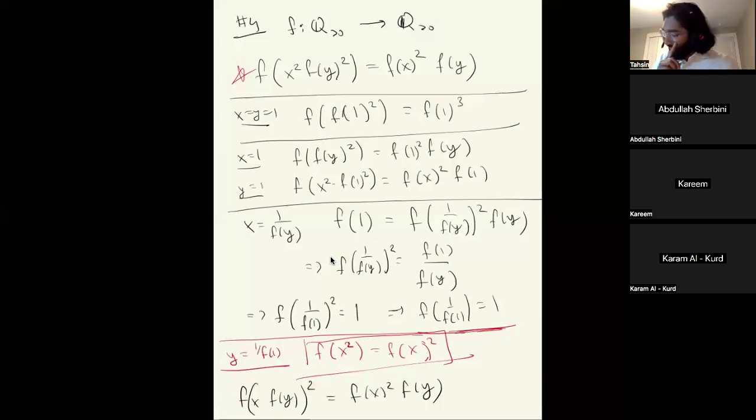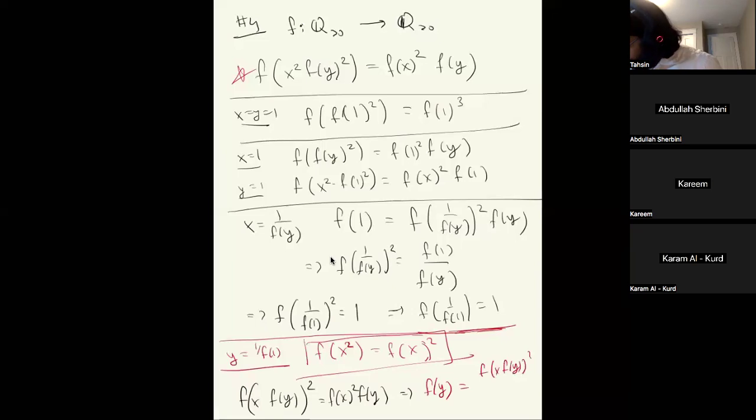So it's not immediately clear that this is useful, but at least it gives us something. It gives us at the very least this nice thing, which is f of y is equal to f of x f of y squared divided by f of x squared.